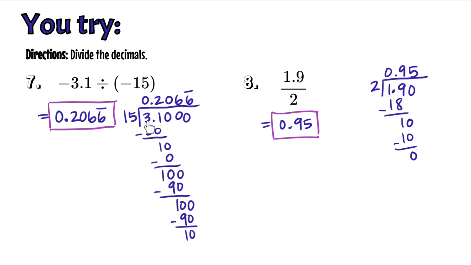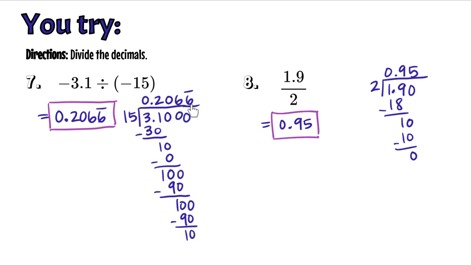So notice that I just put 3.1 divided by 15, and then I ended up having to add some zeros because we got to the situation where we needed more information, right? So when I got to 6 here, if I want to round to the thousandths place, I need to know what this number is.